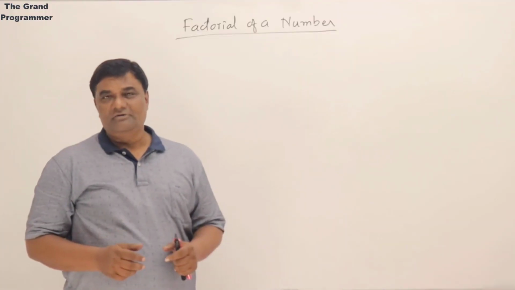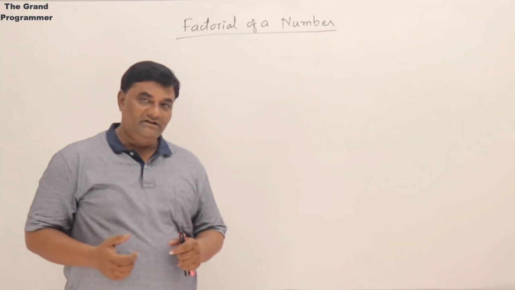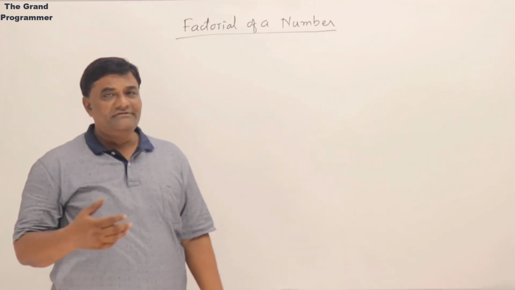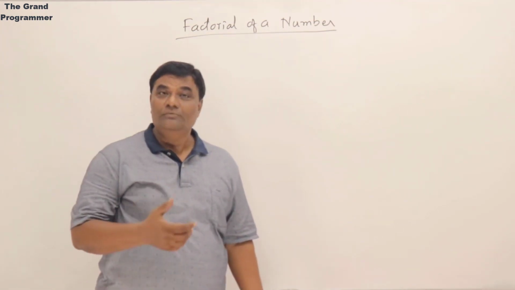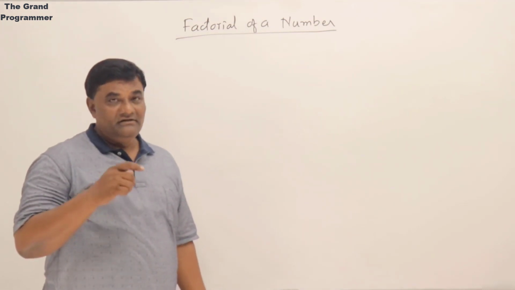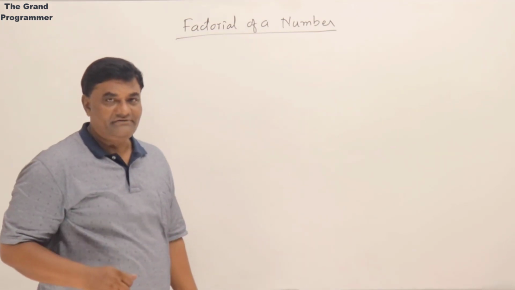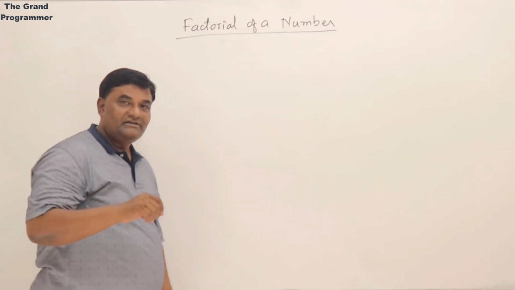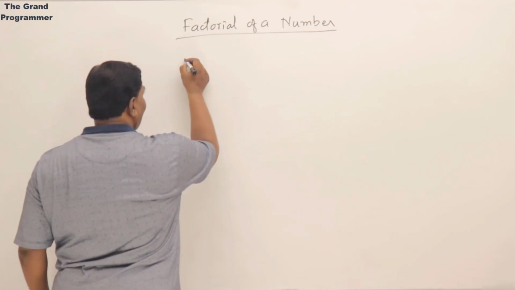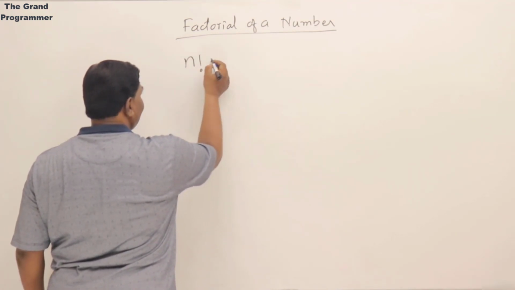Now let us discuss the problem of finding the factorial of a given number. For this also we can define a recursive function, and even using iteration, that is using a loop, we can write it. Let us first devise a recursive function for this one. So first I will define what it means by factorial of a number. See, factorial is represented with this symbol.